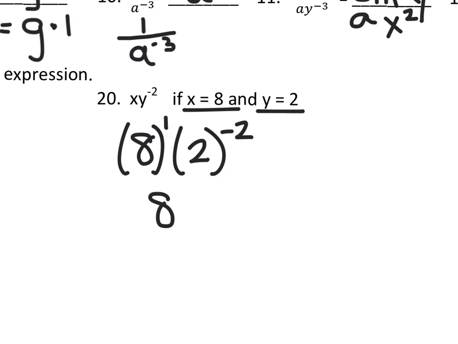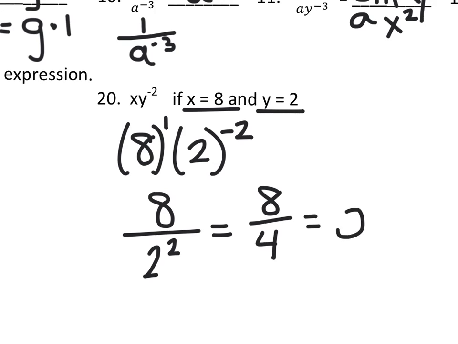So the 8's going to stay where it is, but the negative exponent on the 2 means that we have to move it down. So this becomes a 2 squared. Okay, and then now we can continue to simplify. So 8 stays on top, 2 squared is 4, and then we can simplify and get a value of 2.